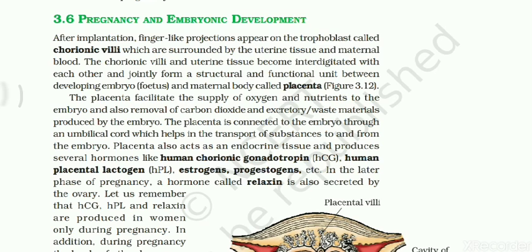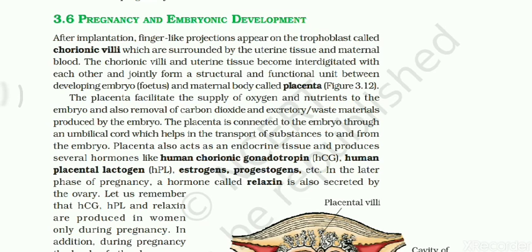So chorion will be differentiated as chorionic villi, which are surrounded by uterine tissue and maternal blood. The chorionic villi and uterine tissue become interdigitated with each other and jointly form a structural and functional unit between the developing embryo, that is fetus, and the maternal body, called placenta.